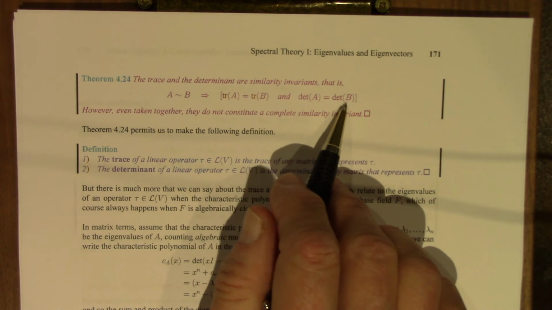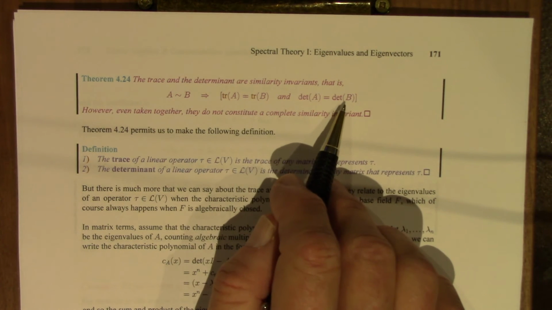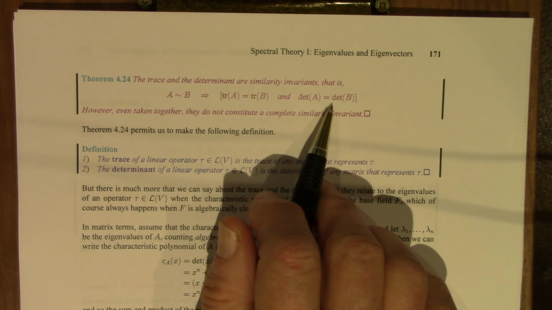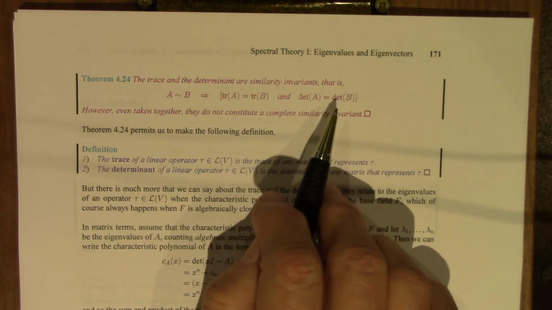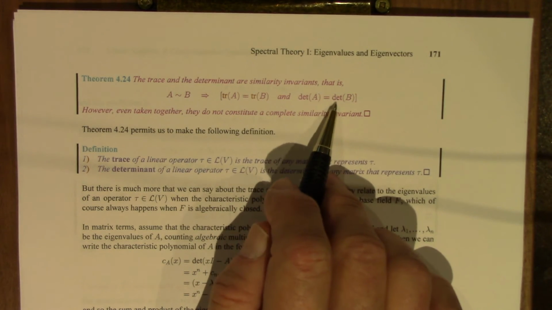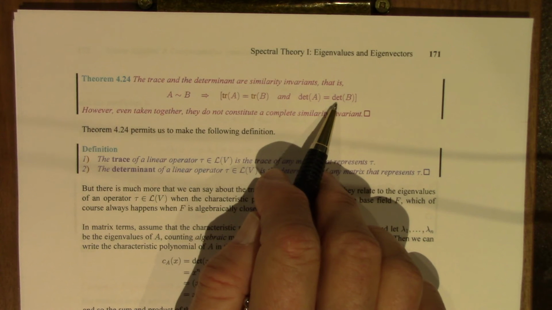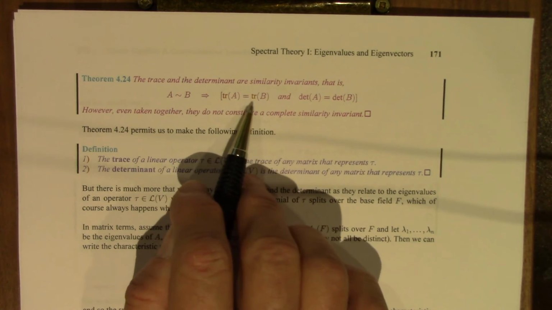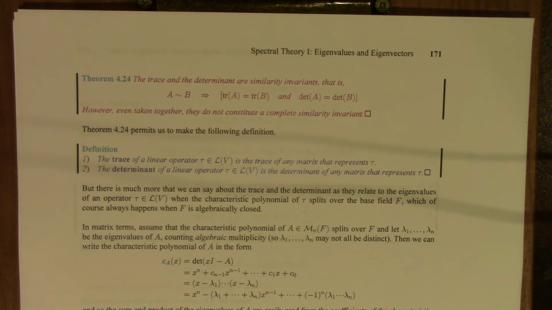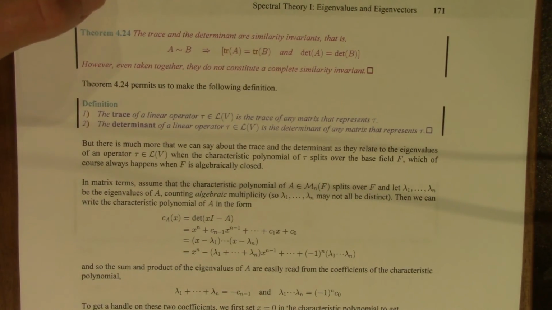The fact that they have the same determinant follows from the fact that the determinant of the product is the product of the determinants. The determinant of P inverse is the inverse of the determinant of P. That was pretty straightforward stuff you probably would have learned in the very first course in linear algebra. This one was a little trickier. It used this cyclic property of the trace that we discussed in chapter 0.